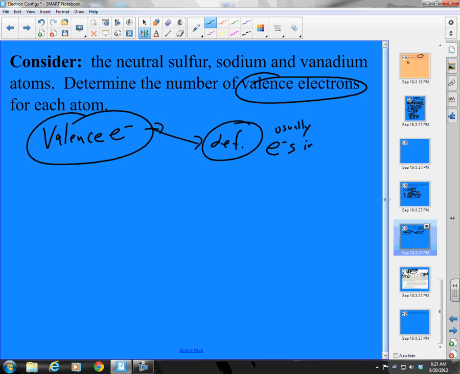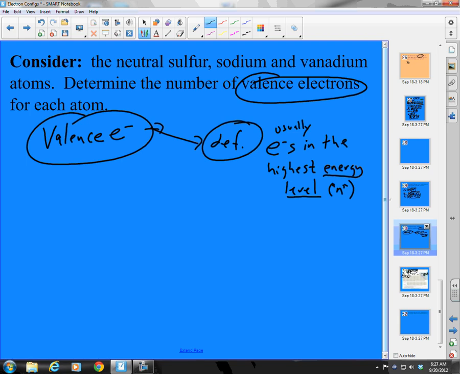Electrons in the highest energy level. And when you see the words energy level, what do you always think? The highest n. That's what valence electrons are.